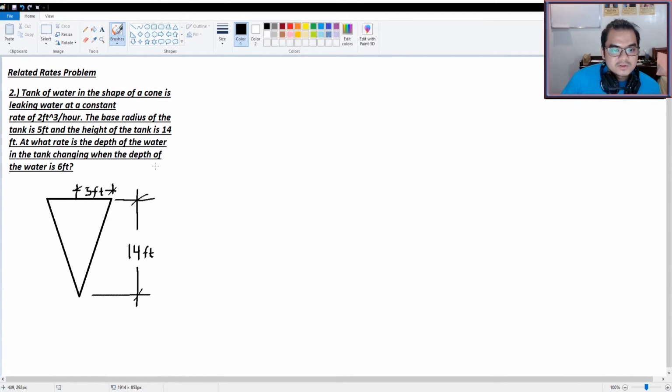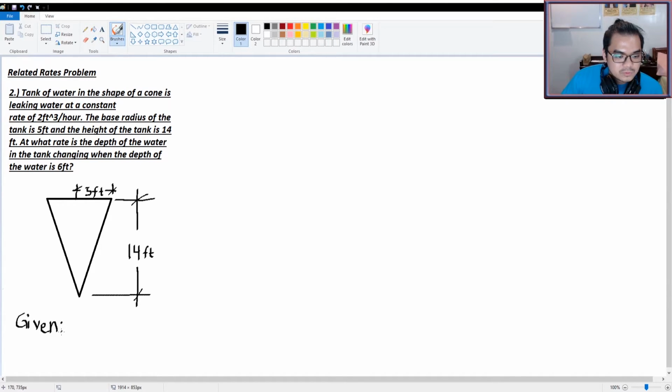Now, at what rate is the depth of the water in the tank changing when the depth of the water is 6 feet? Now, first, what is this 2 feet cubic per hour? As you can see, that is in cubic. If that is cubic, therefore it must involve a volume. Therefore, that is the change in volume with respect to time, because we have here hour. Therefore, let's put all the givens.